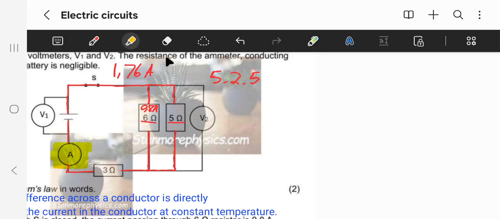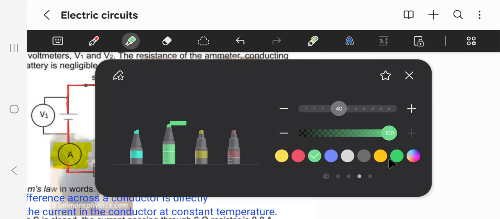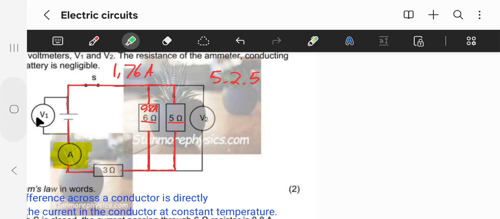This is V1, the one which we are being asked to find the reading of. V1, guys, is where we get the total potential difference, so the total voltage. It comes from the cell. Okay, that's where we get our total voltage.